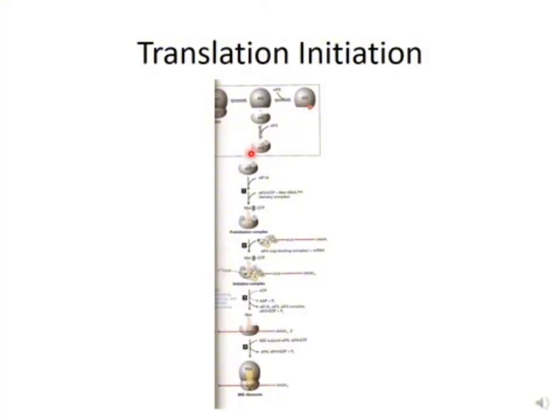The 40S subunit is bound to EIF3, and these initiation factors prevent them from binding to one another or other subunits. In order to initiate translation, we start with the smaller subunit attaching to, as we mentioned, the tRNAi methionine.